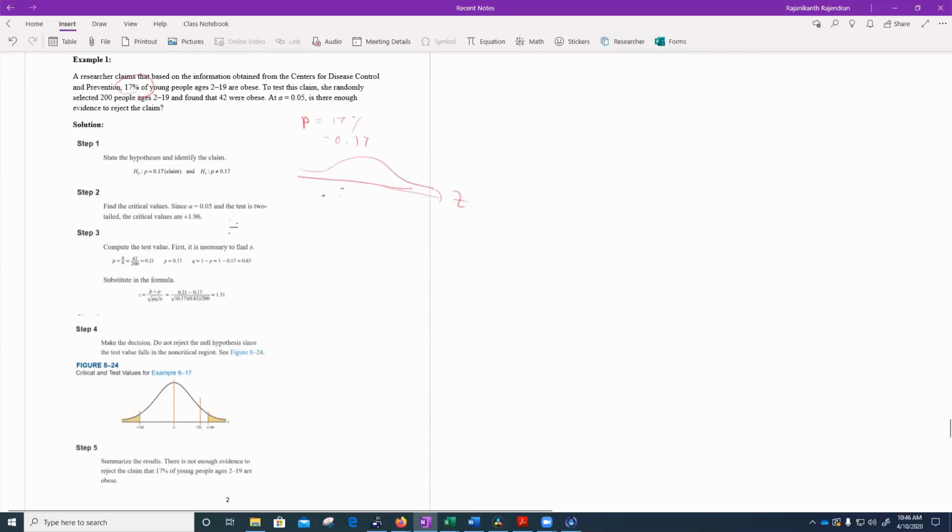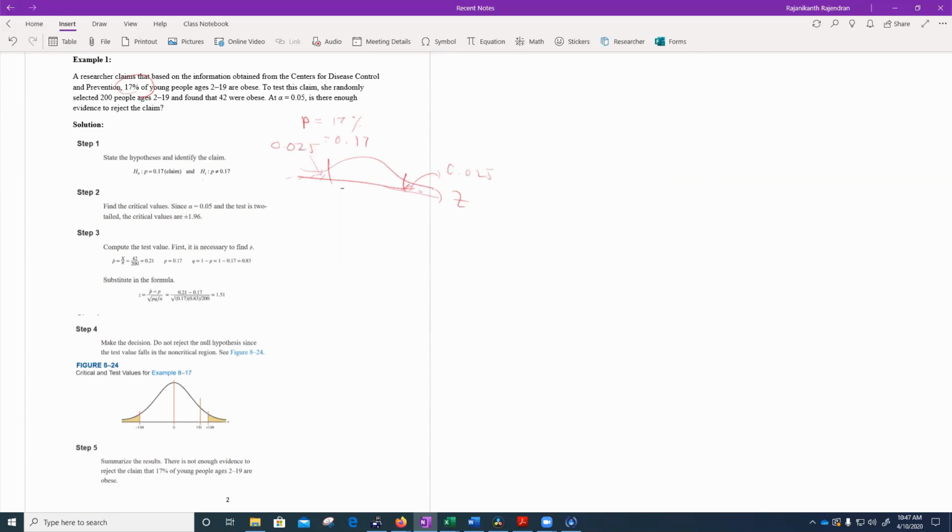What kind of test is this? Again, this is going to be a two-tailed test. That's my alpha, so this is 0.025 and this is 0.025. Now find the critical value.